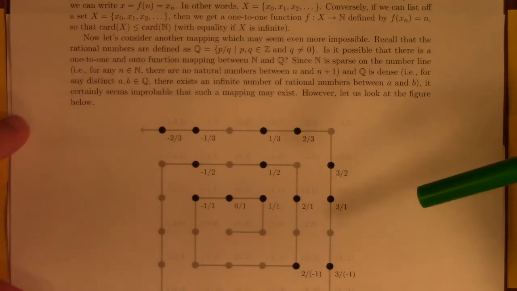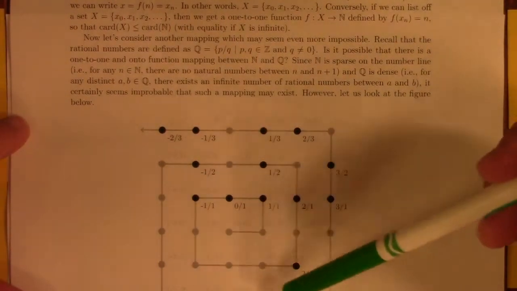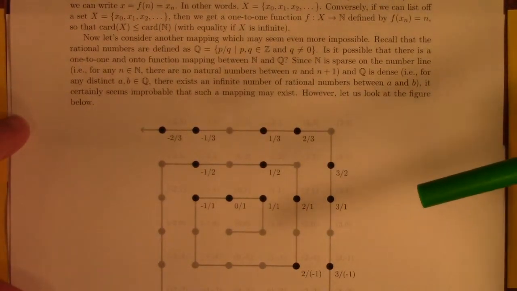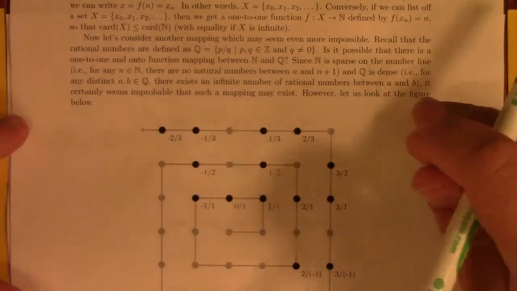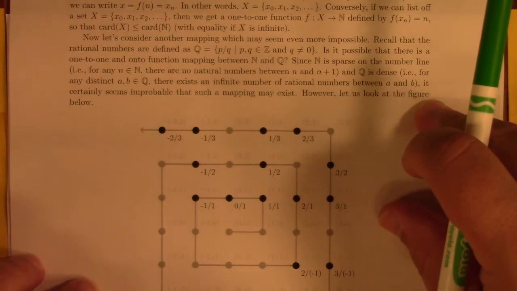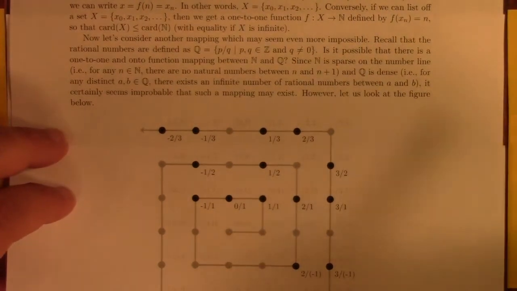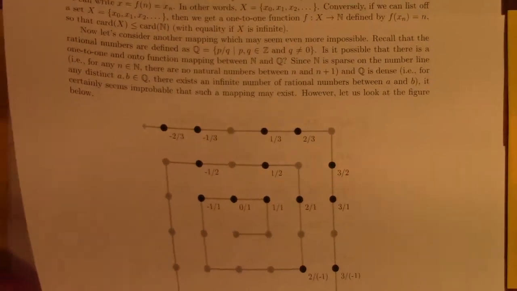That defines a bijection between the rational numbers, in this case, and the natural numbers, which proves that the rational numbers are, in fact, the same size as the natural numbers. They have the same cardinality.